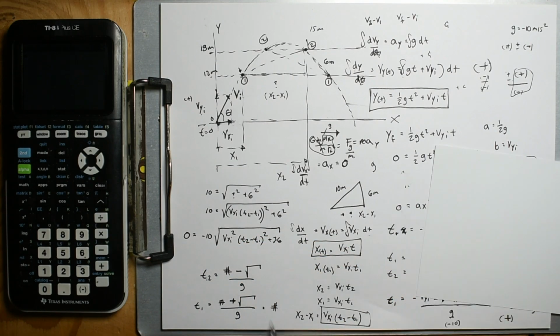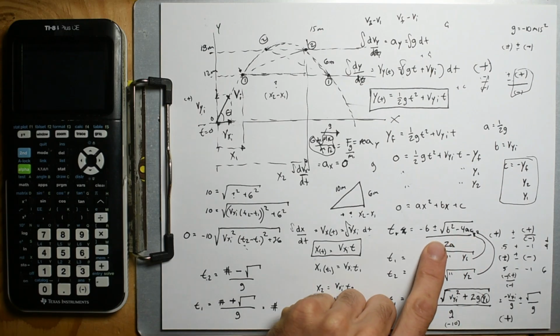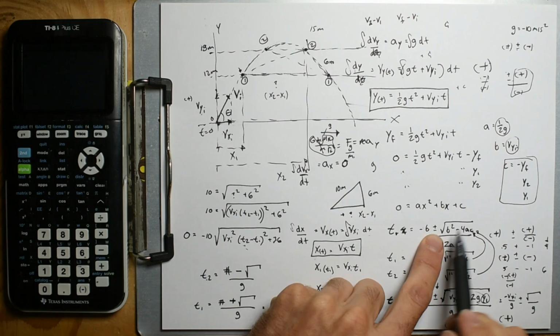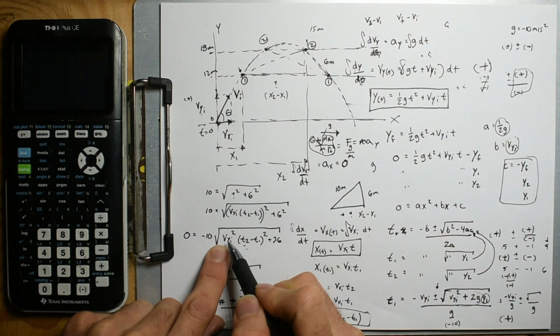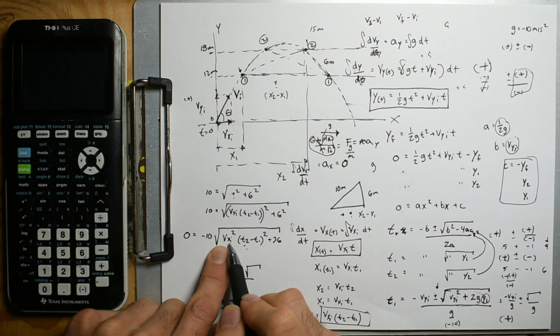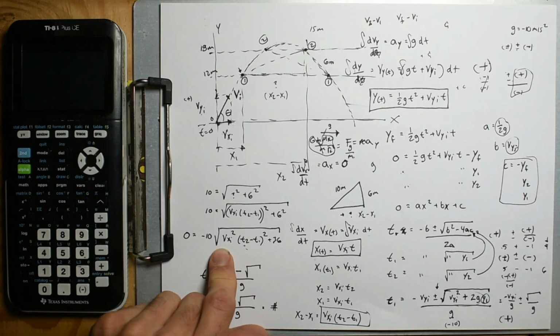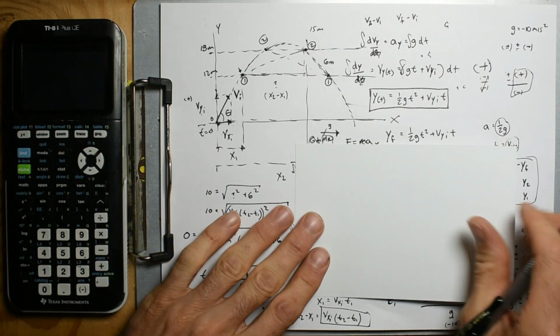Now, if I plug in these values, b is going to be Vy initial, and right here we have the velocity in the x initial. This is the only point where I put this in.